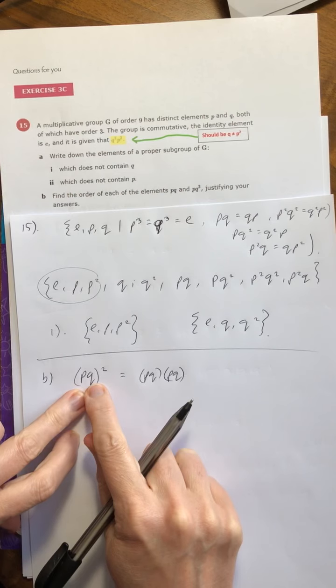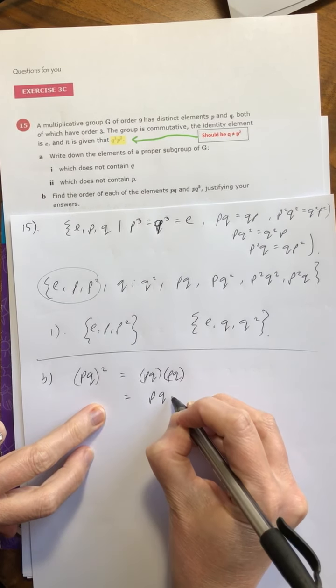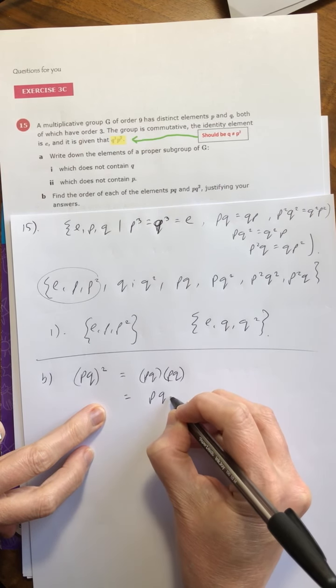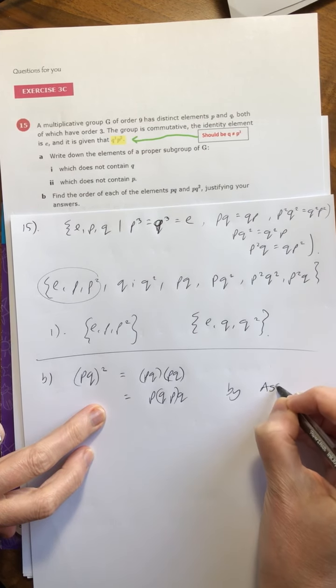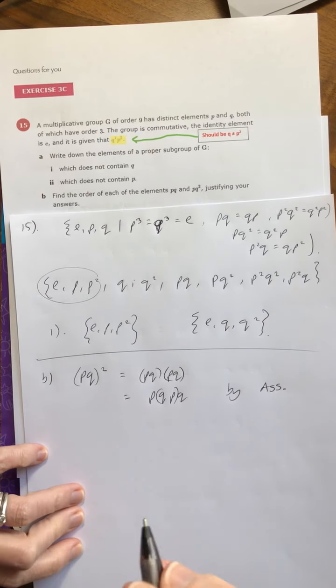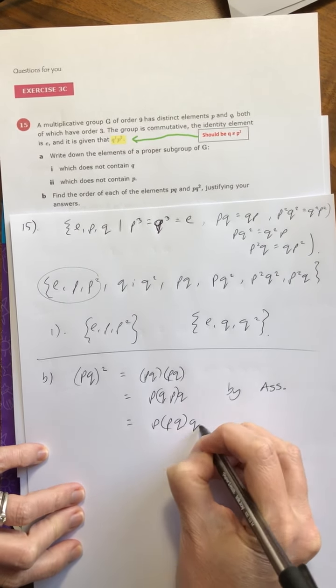So PQ all squared is PQ times PQ. I am going to use the associative property, PQ. I'm going to write that down. Sorry, I'm using abbreviation there. They're very long words, aren't they? Now, what I'm going to do is switch those two around.